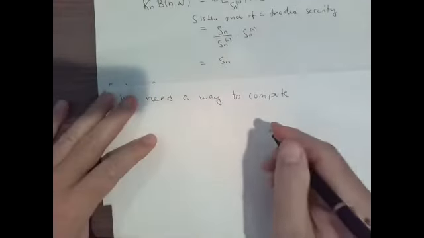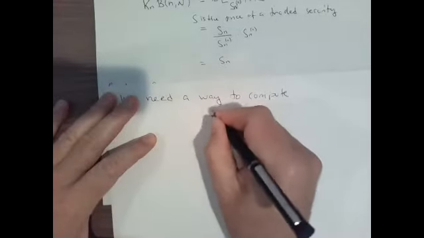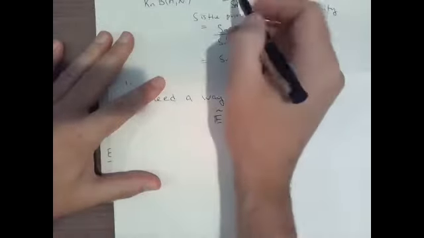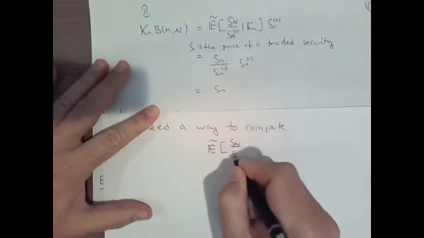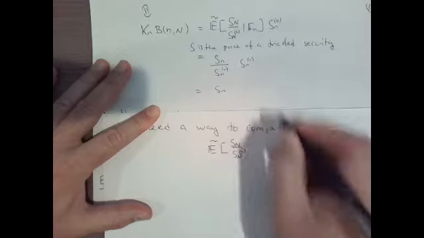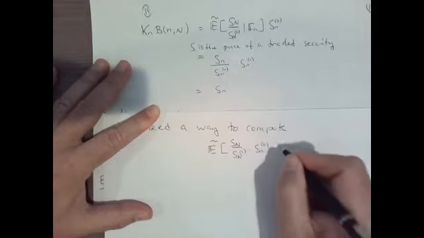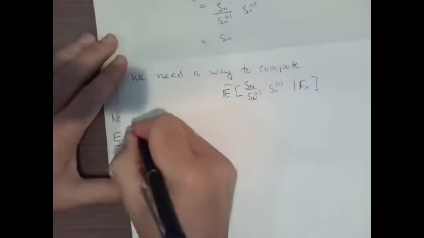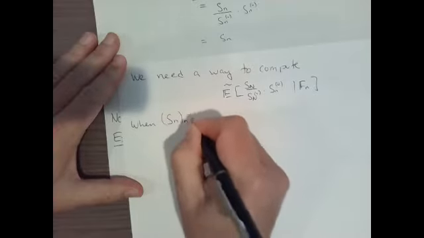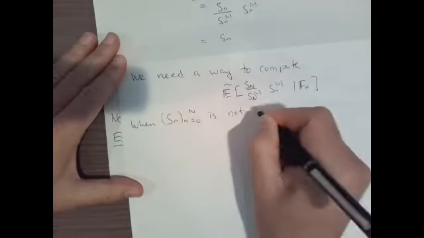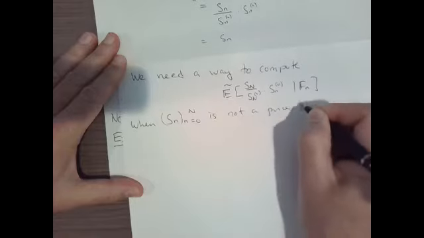We need a way to compute this E tilde of whatever the underlying is, like Sn divided by Sn0 times this Sn0 given Fn, when Sn is not a price process.